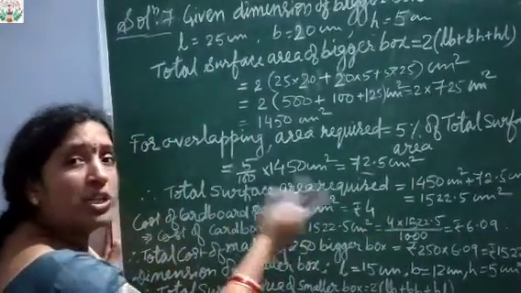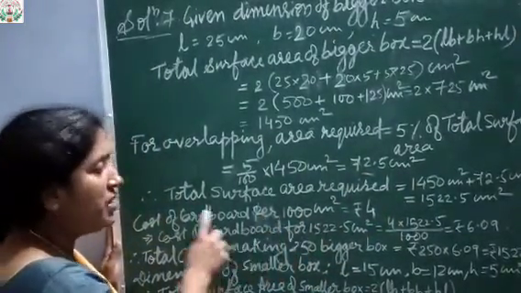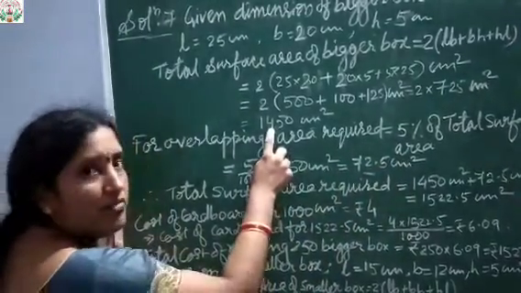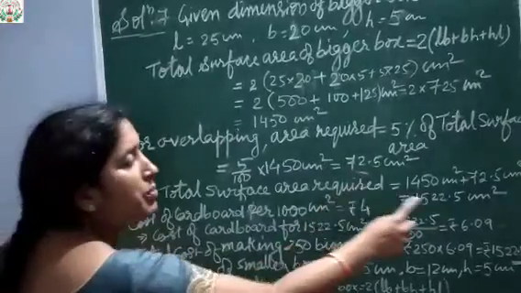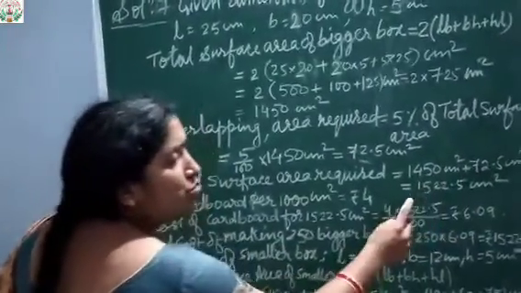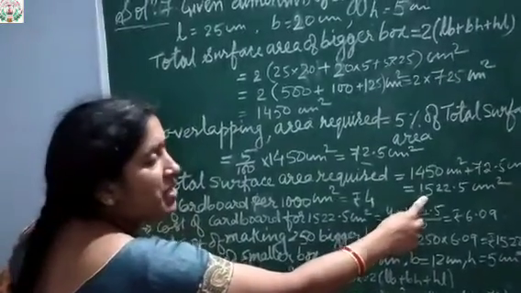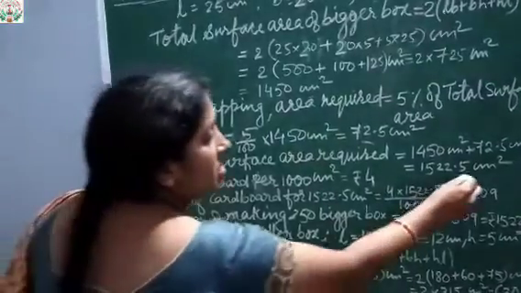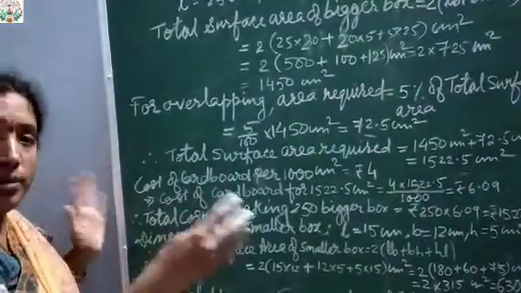So the total area of the bigger box will be 1450 plus this overlap, 72.5 cm square. On addition of these two, we get 1522.5 cm square. So this is the area of the bigger box.